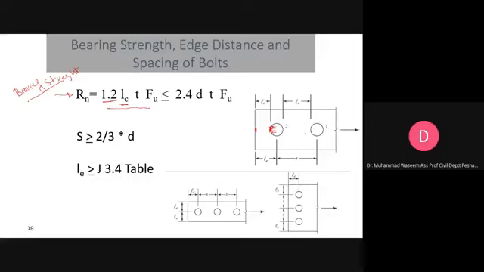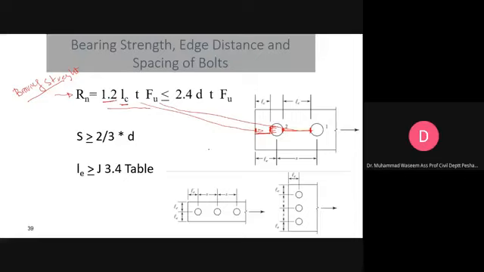At the same time, you have to evaluate the bearing strength in between the connectors as well. You will use this equation for this part, and this equation for this part. You have to check both the edge distance and in between the connectors.